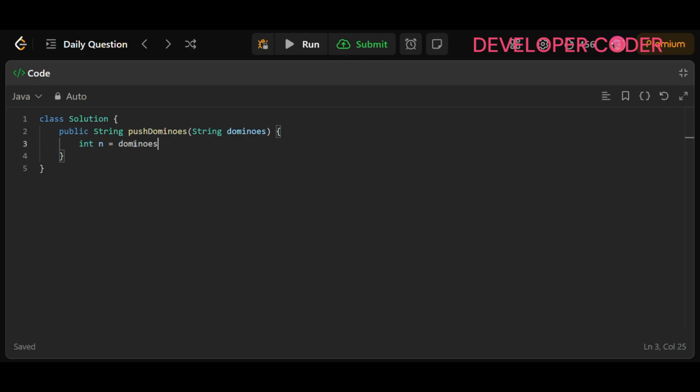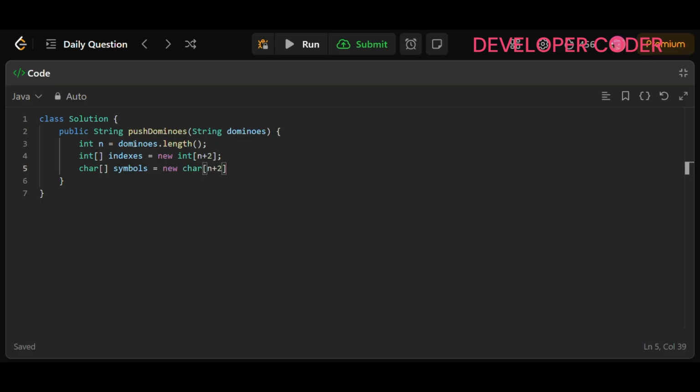dominoes dot length, this is a string. And then after that create two arrays, one is indexes and one is symbols. So indexes is equal to new int of n plus 2, and symbols is a char array, symbols is equal to new char of n plus 2.